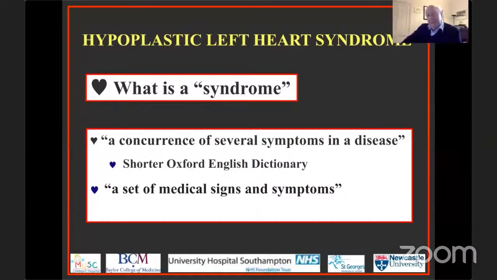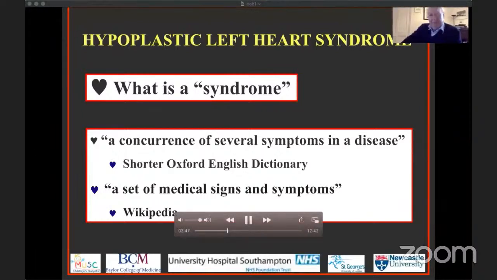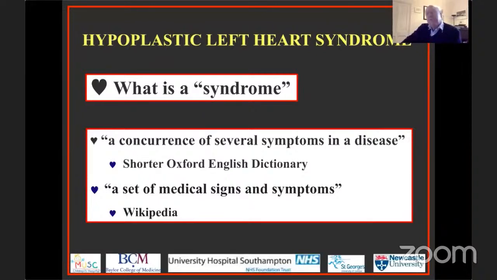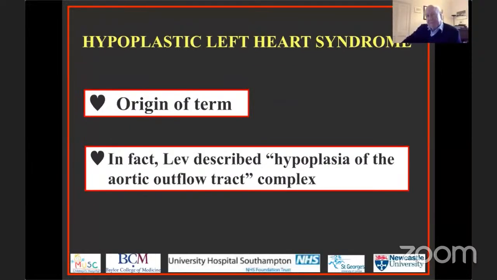And Tom Carl, the pediatric cardiac surgeon, again pointed out to me the fact that a syndrome is a set of medical signs and symptoms, and I found that confirmed in what now is the fount of knowledge, Wikipedia. So for you as clinicians, when we're talking about a syndrome, we are thinking of signs and symptoms.